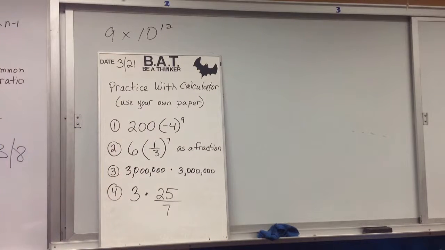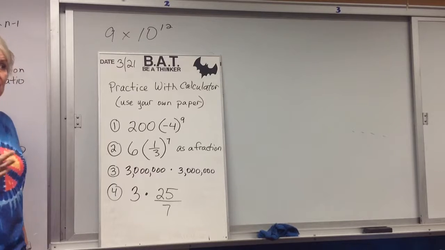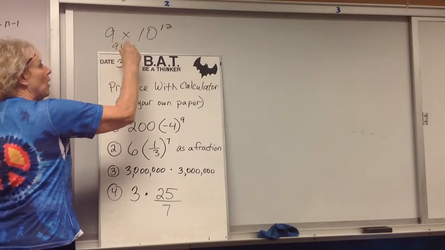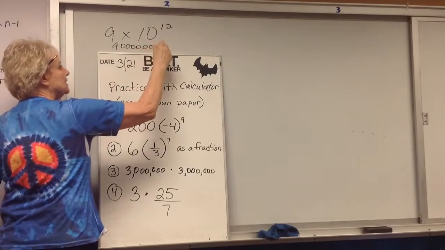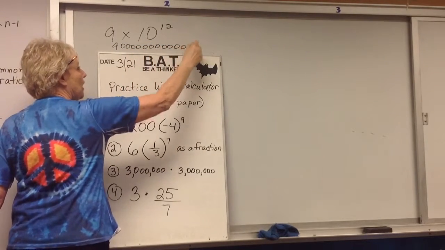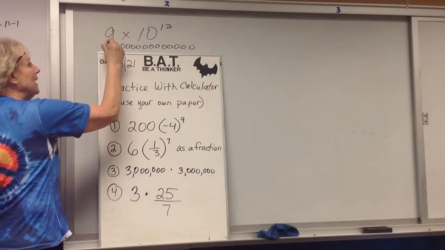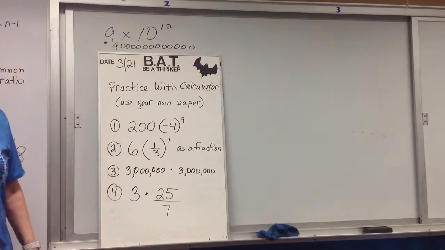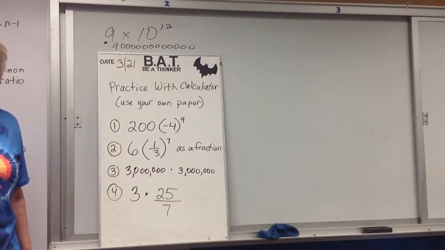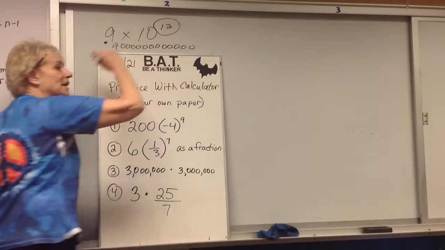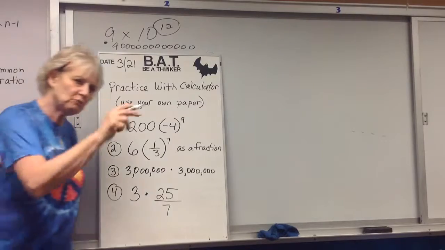That doesn't mean add 12 zeros, though on this one it turned out to add 12 zeros. It's 9, then 12 zeros. That's the real answer. But had it been 0.9 times 10 to the 12th, you would have 11 zeros. This just tells you how many places to move the decimal to the right.